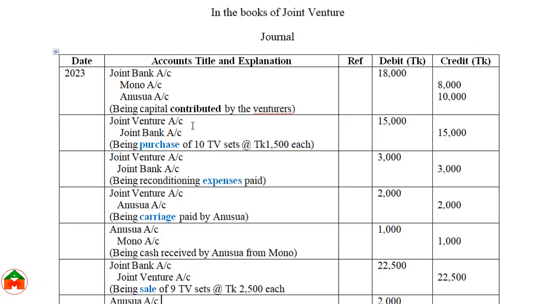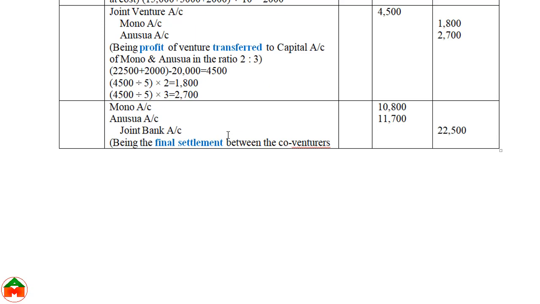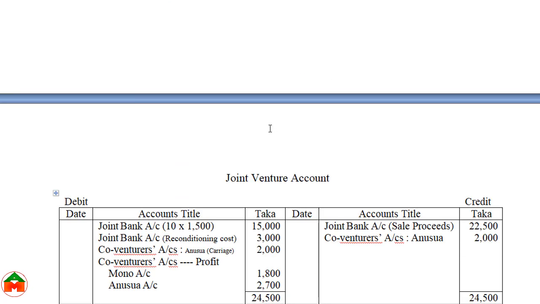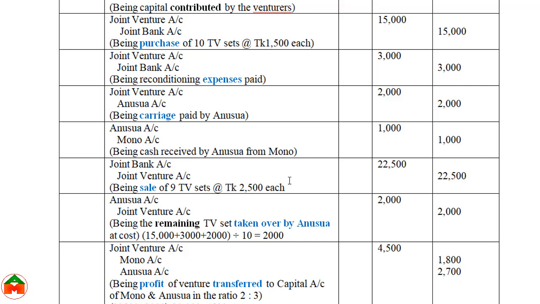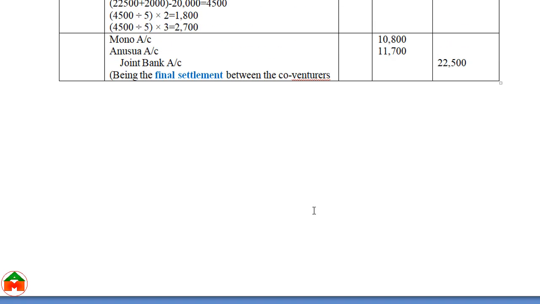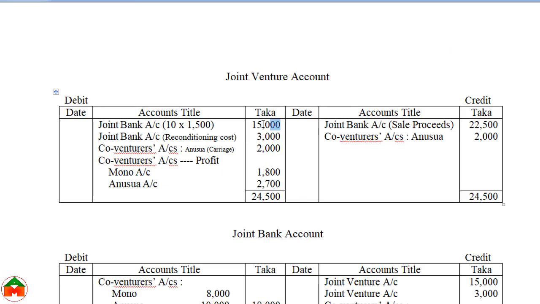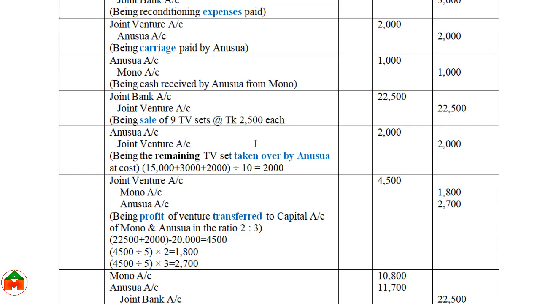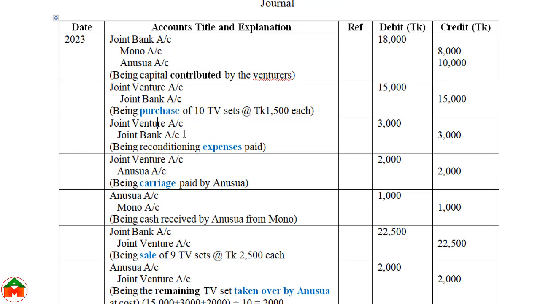From these journal entries, we can prepare the ledger. We can see the first ledger or first account is the joint venture account. Whenever there is a mention of joint venture account debit, this 15,000 should be shown in the debit side. Then the opposite name is joint bank account.